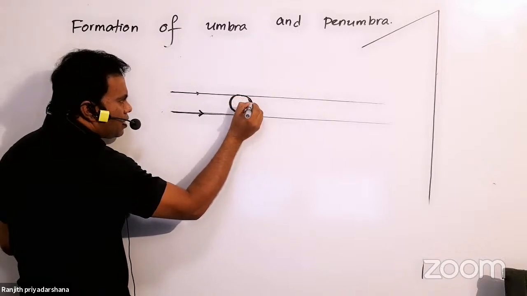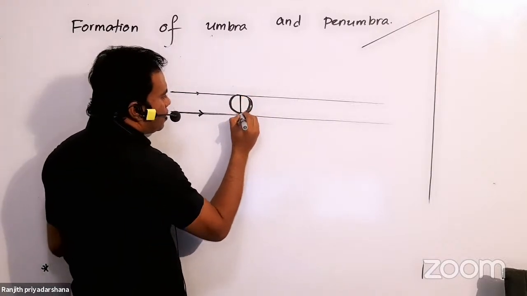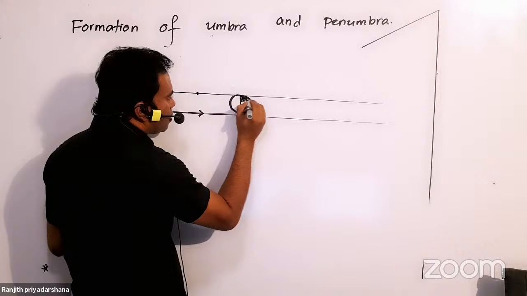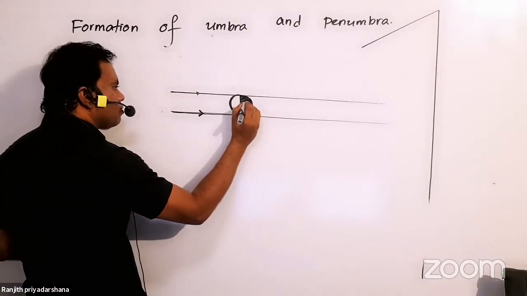So this is the lighted half of this object, and this is the dark region.